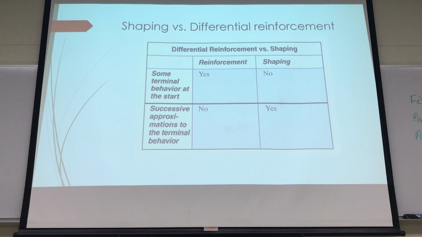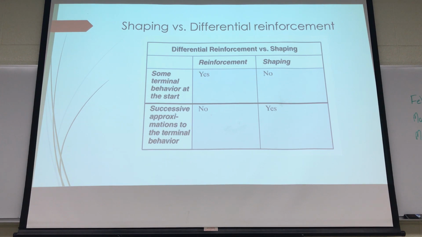So how can we tell the difference between shaping versus differential reinforcement? So let's start on the left-hand side. Some terminal behavior at the start. That's just yes or no. In regular, everyday, vanilla reinforcement, we have a behavior that we can reinforce.